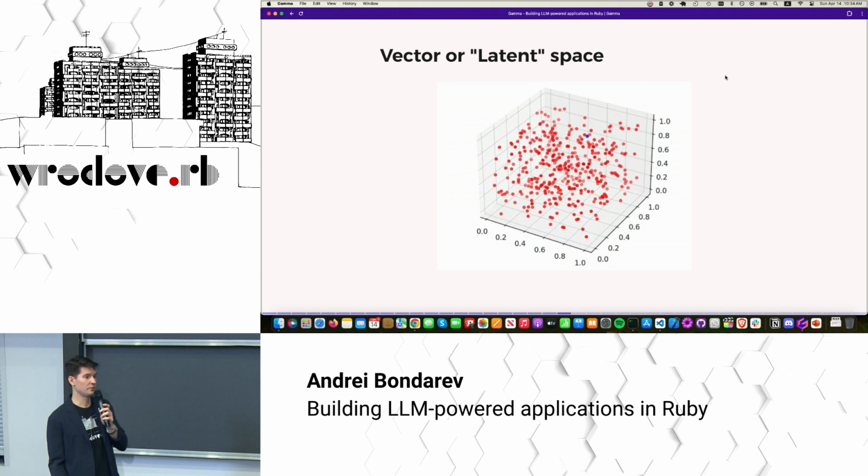Because a human mind can only visualize 2D or 3D spaces, we're unable to show what a 1500 dimensional space looks like. But if it was reduced down to a 3D space, then you can see that our blue dot is clustered by the meaning along these other points. So this is also called a lens.